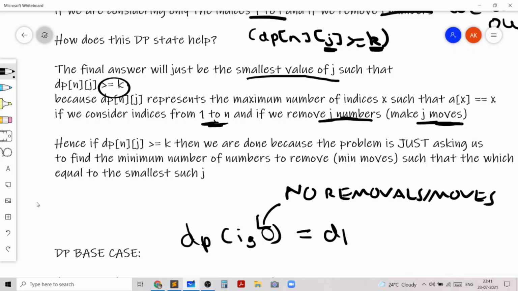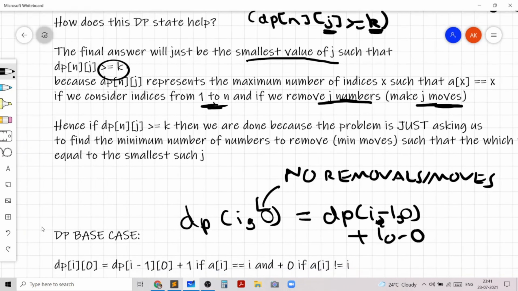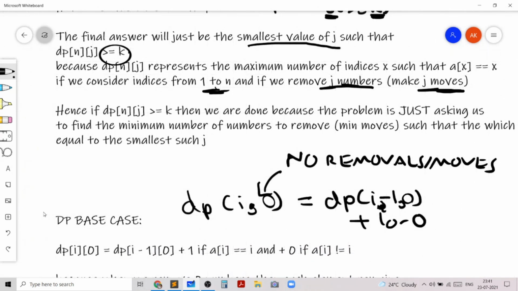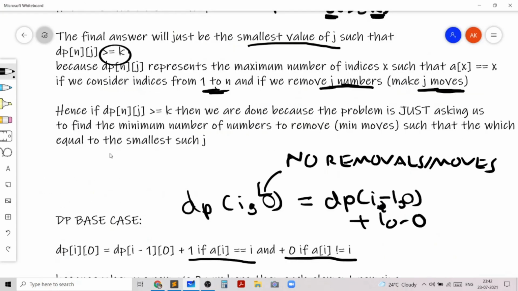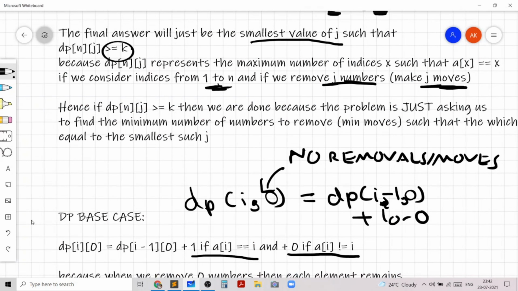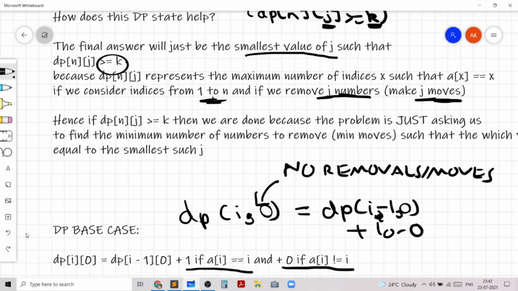That's why dp[i][0] will just be dp[i-1][0] plus 1 or 0, and that 1 or 0 depends on what the value of a_i is. If a_i is equal to i, then we do plus 1, and if a_i is not equal to i, then we do plus 0, because that's essentially the definition of what we want. We want the number of indices where the value at that index is equal to the index number. So that is our base case.